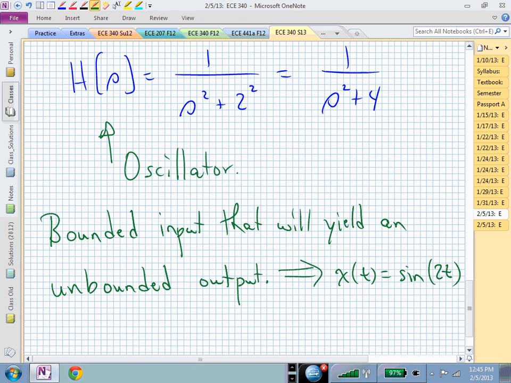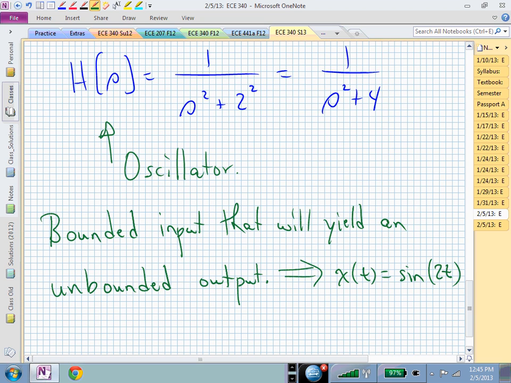The amplitude is what I'm referring to when I say it's bounded. The amplitude of this x of t, in this case, has a magnitude of 1. It's bounded. We could have put in x of t equal 10 to the 6th sine of 2t. That's still bounded. It's big, but it's bounded. Is that okay?